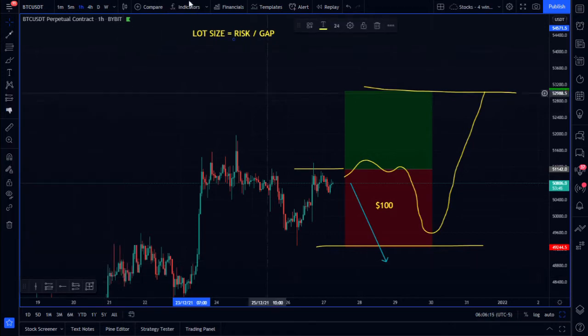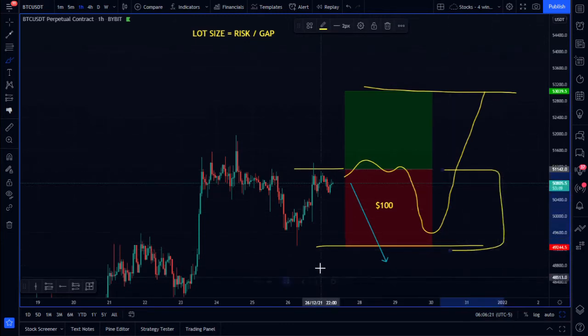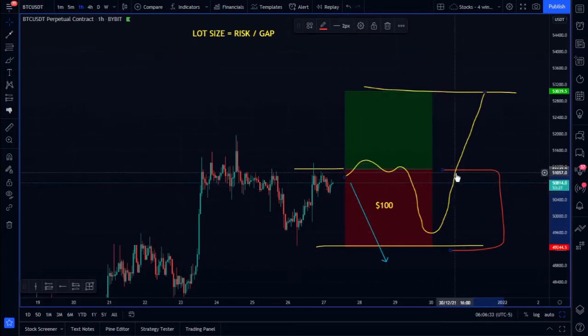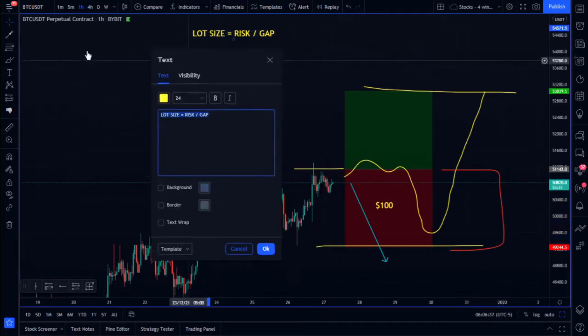Now what is gap? Gap is this here. Let me change that color, go red. So that's what gap is. So the amount of space from your entry to your stop. That's the gap.